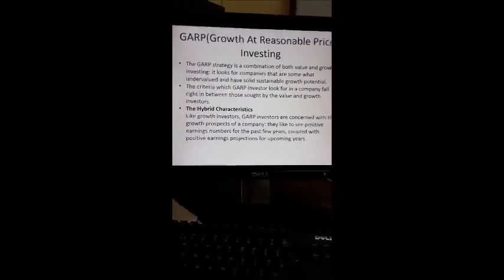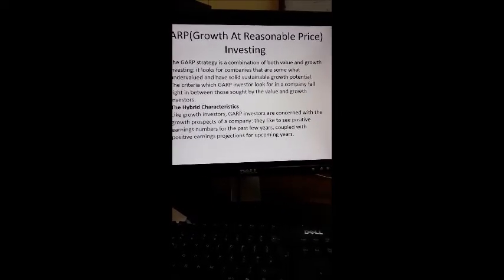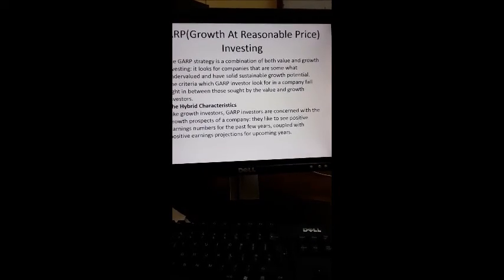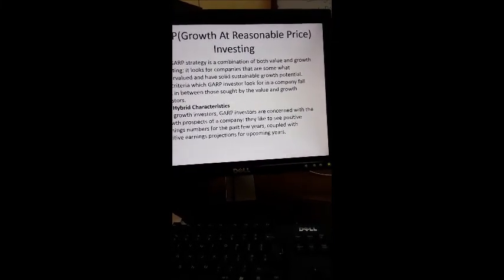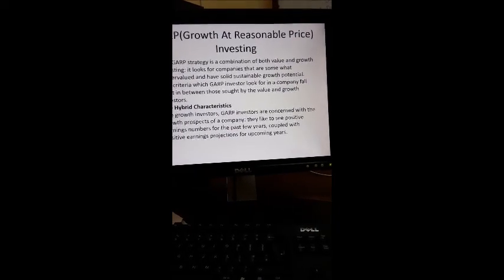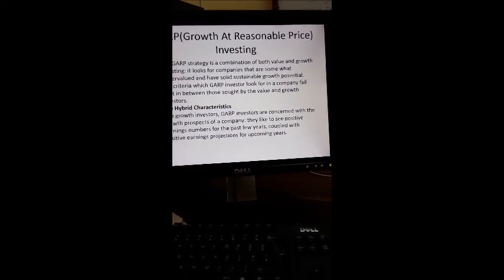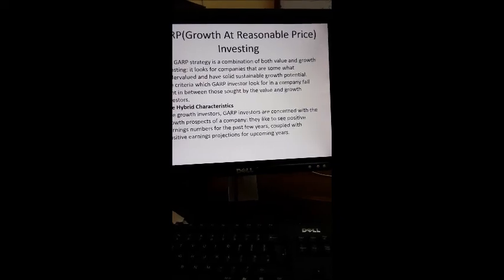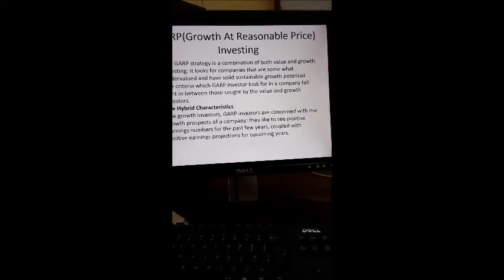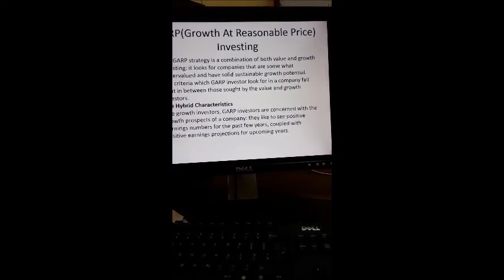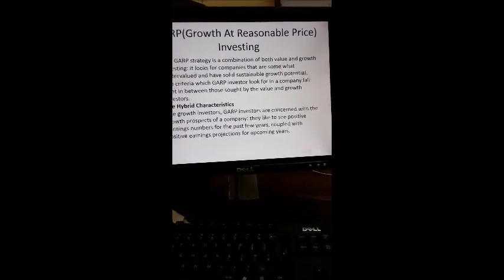Now we have another investment strategy known as growth at reasonable price investing. This is a strategy which combines both value and growth investing. So it looks for companies that are somewhat undervalued and have solid sustainable growth in the future. These are combining features of both value and growth.